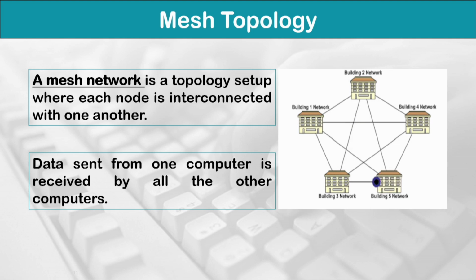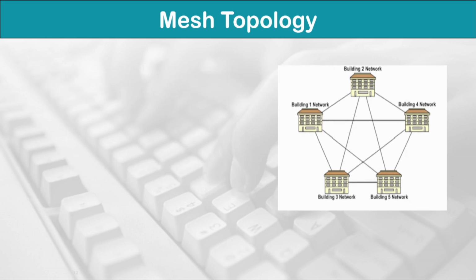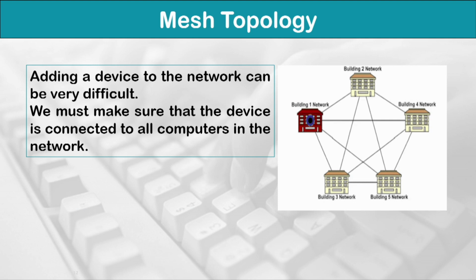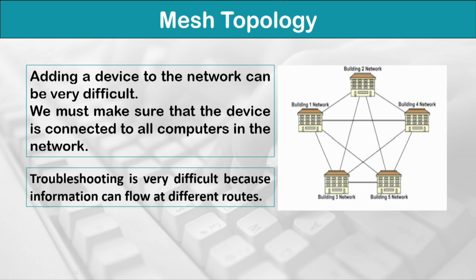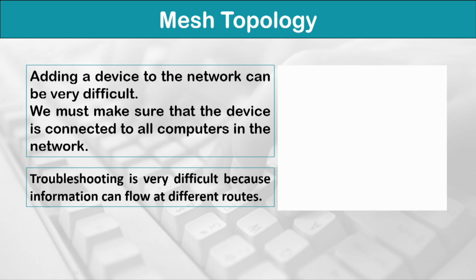Data sent from one computer is received by all other computers. Adding a device to the network can be very difficult. We must make sure that the device is connected to all computers in the network. And finally, troubleshooting is very difficult here because the information can flow at different routes.